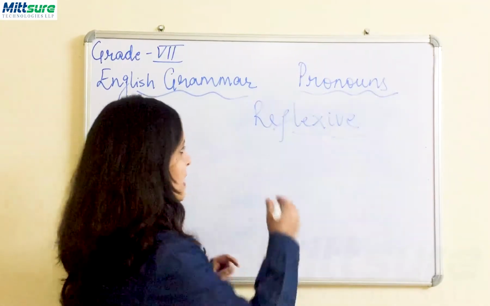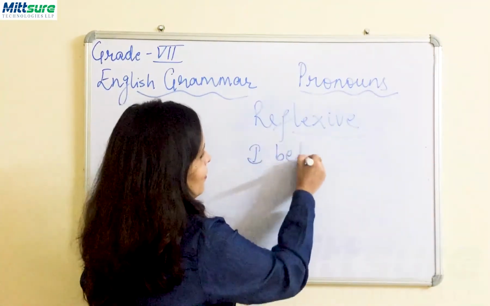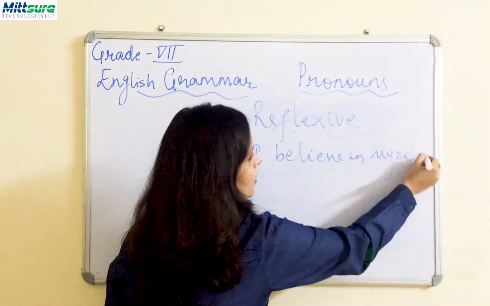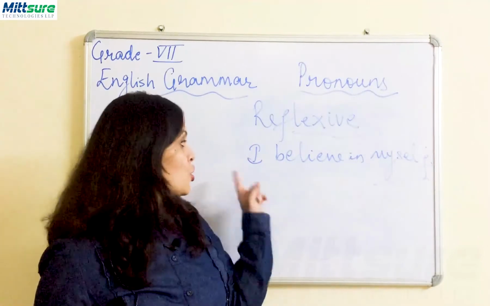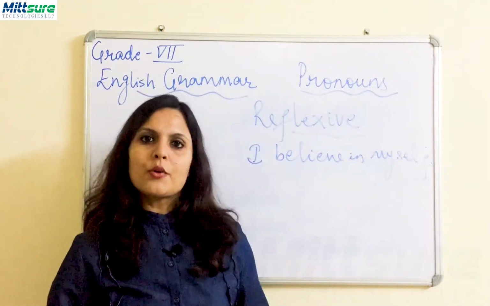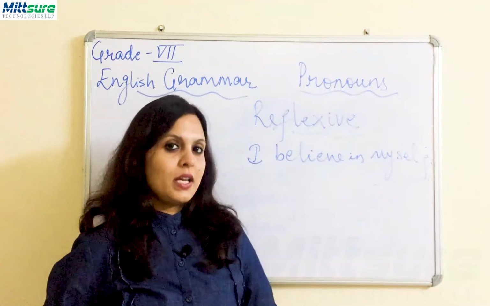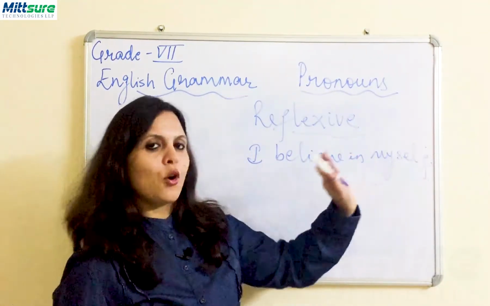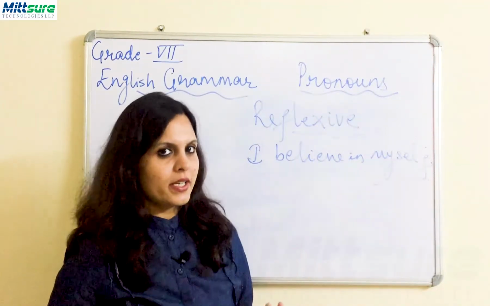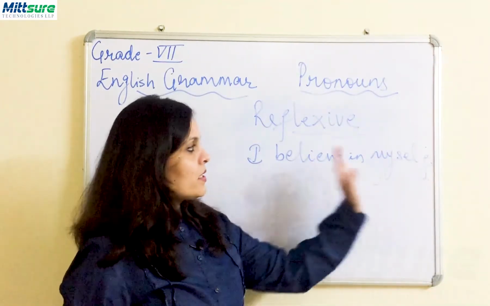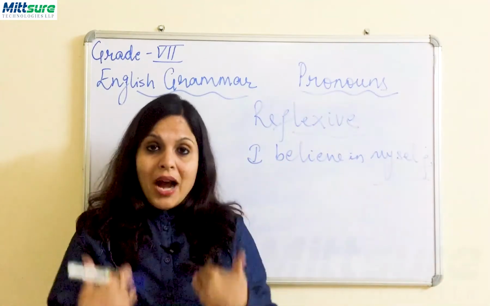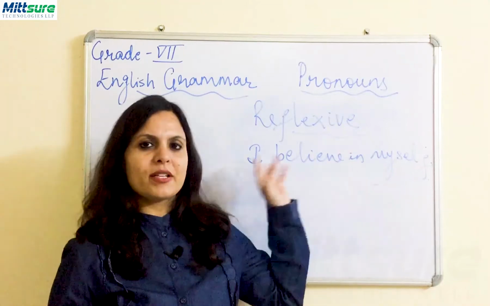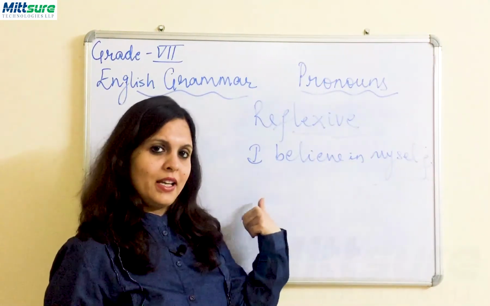So if I say I believe in myself, I is a personal pronoun, there is no doubt about it. Now you see, in myself you already have the personal pronoun sitting in it. This reflects my feelings about myself, which is the reason why it becomes reflexive, because it is reflecting my feeling.